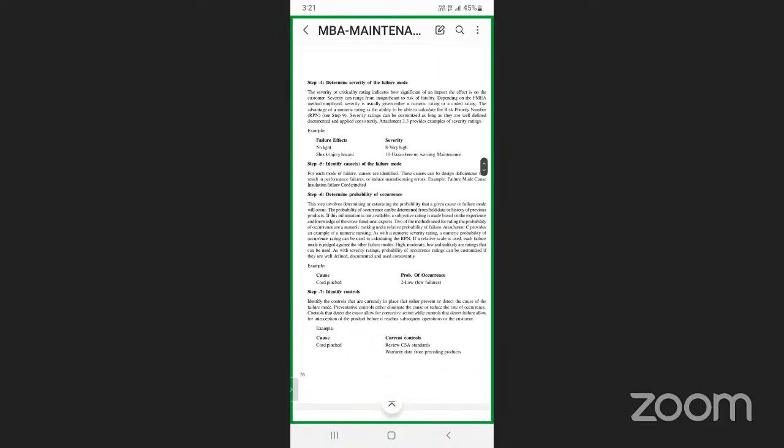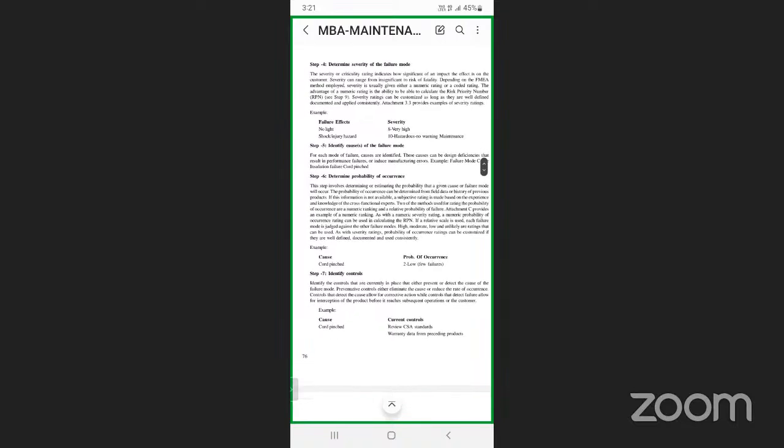Okay, then coming to step 7. Step 7 has to do with identifying controls. Here we look at what controls are already available to prevent or detect. There are some things which can't be prevented, so for that, at least detection.